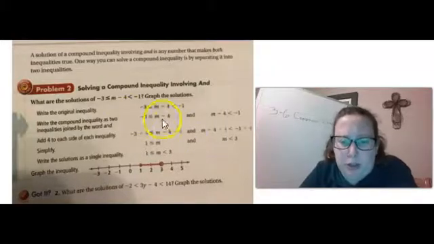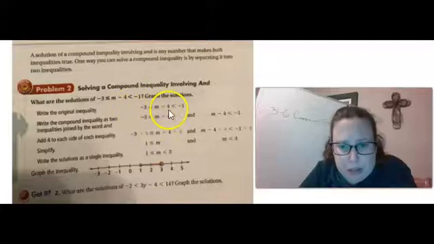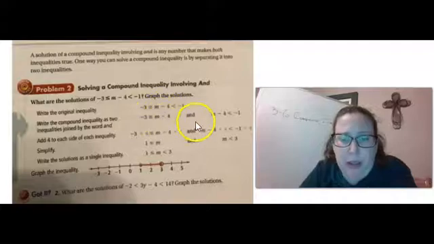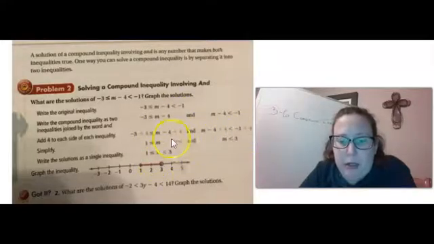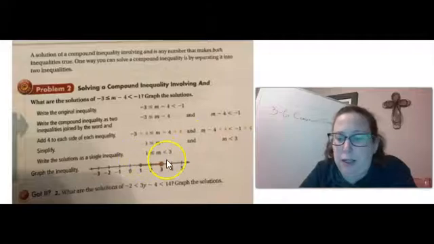But in your book, it is showing you that you can split these inequalities and say -3 is less than or equal to m minus 4, and m minus 4 is less than -1. So they have split it into two inequalities. You're adding 4 everywhere, and you get your solution, and then they put it back together.